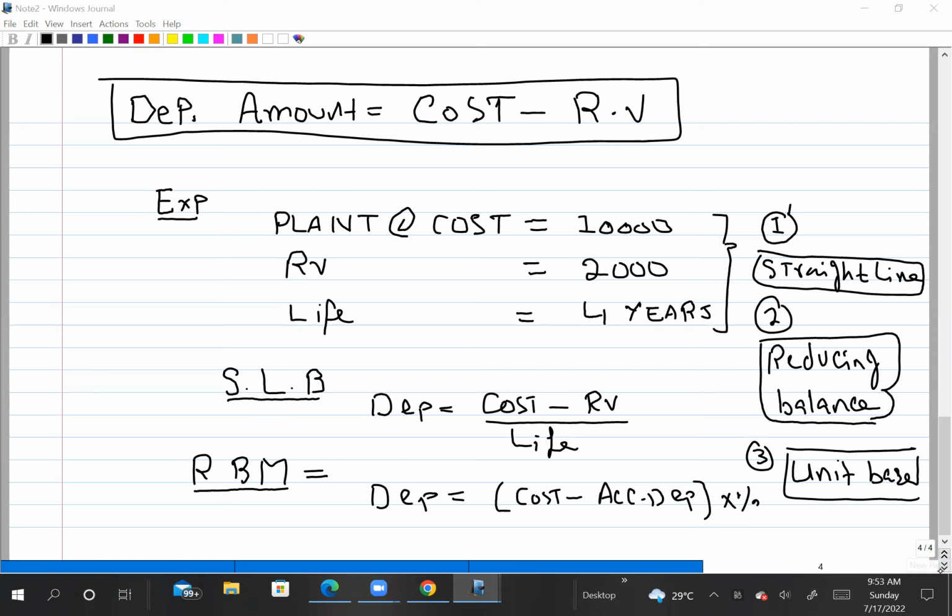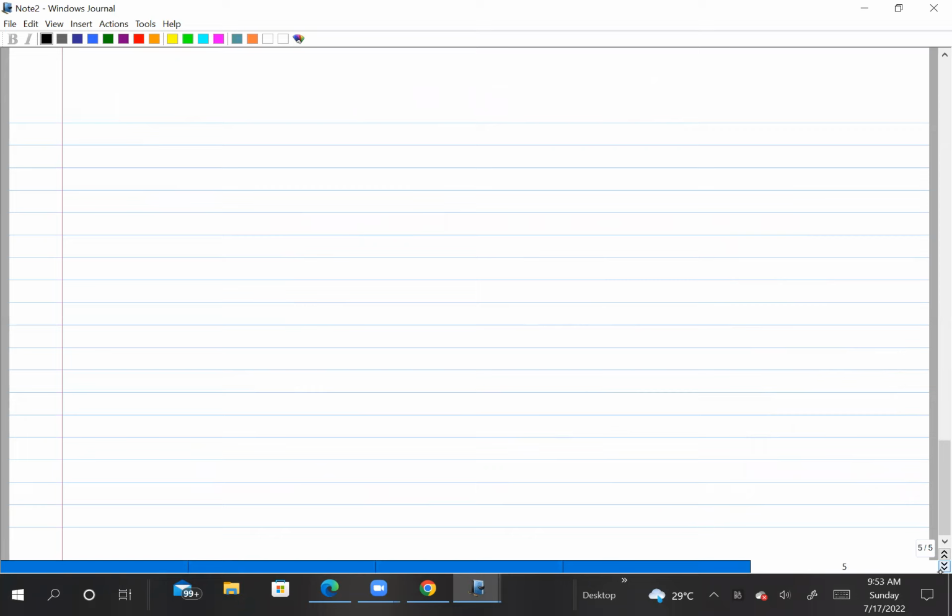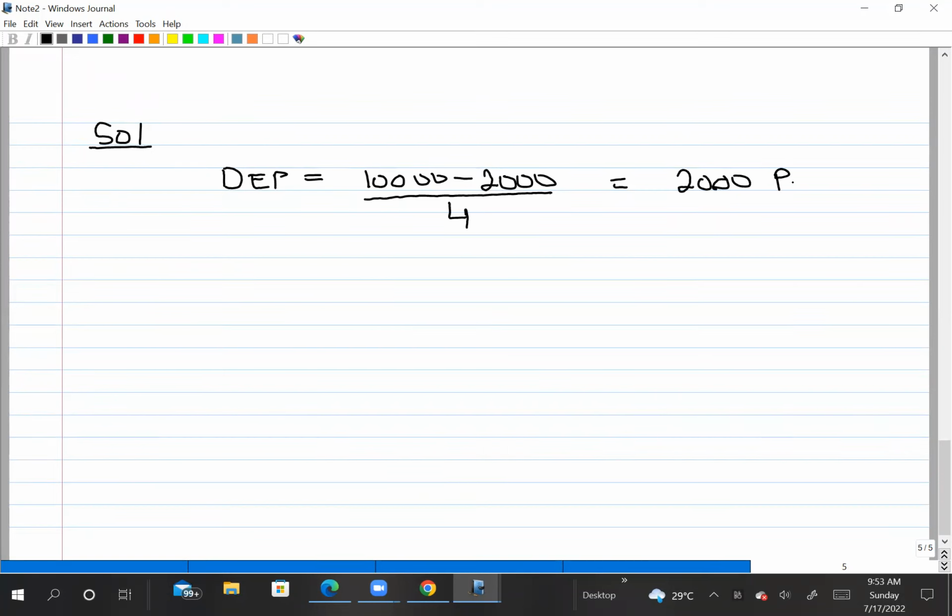Now, on the given data, if the depreciation method is straight line, then the depreciation each year will be equal to cost minus residual value divided by 4. So depreciation per year will be 2000 per annum.